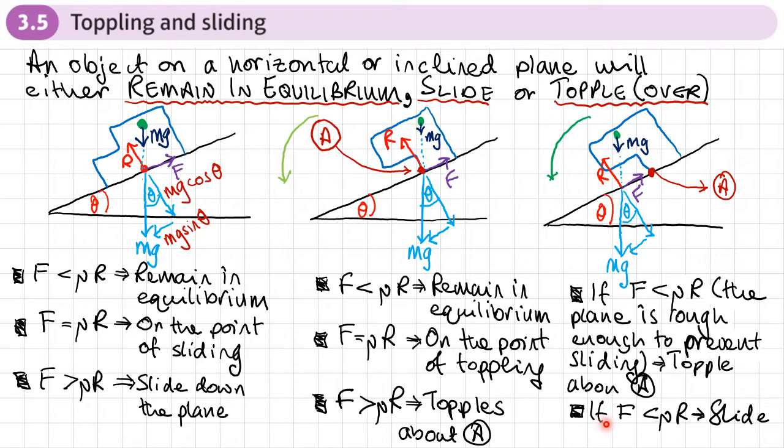And if F is greater than mu R, that means that the plane is not rough enough to prevent sliding, then the object will slide. So there's no remaining in equilibrium here, it's either going to topple or slide.